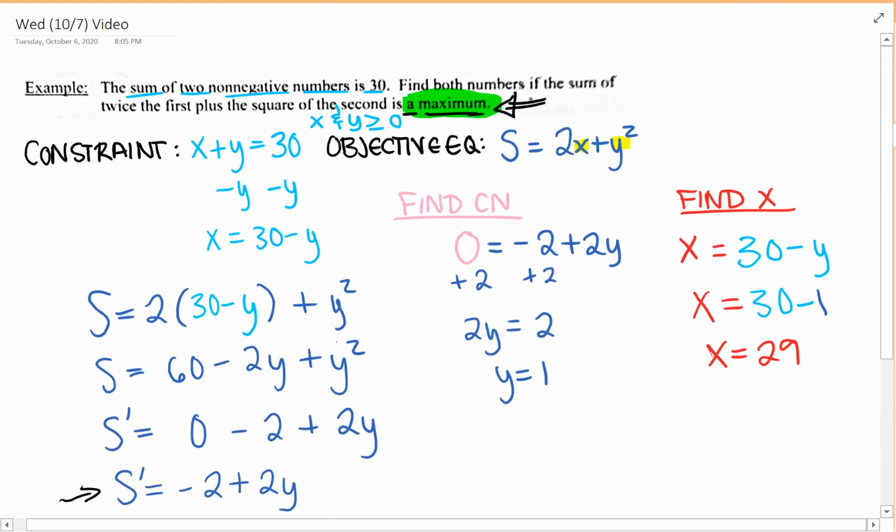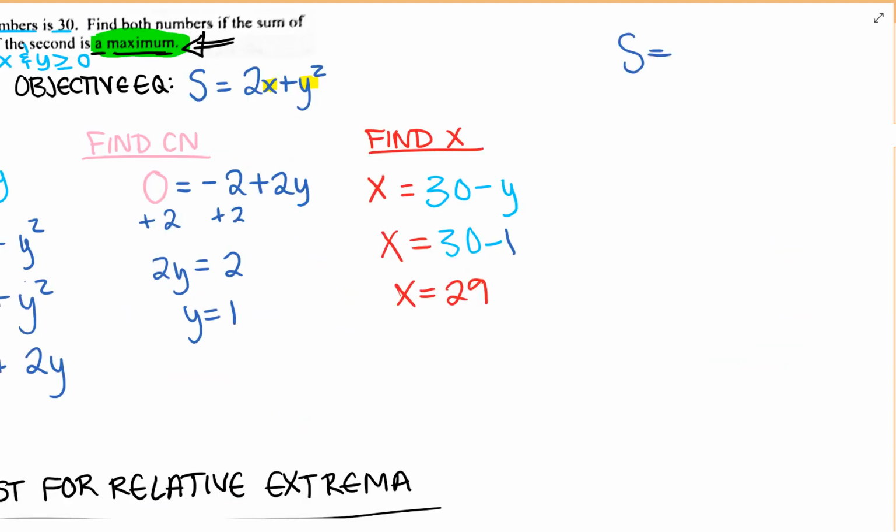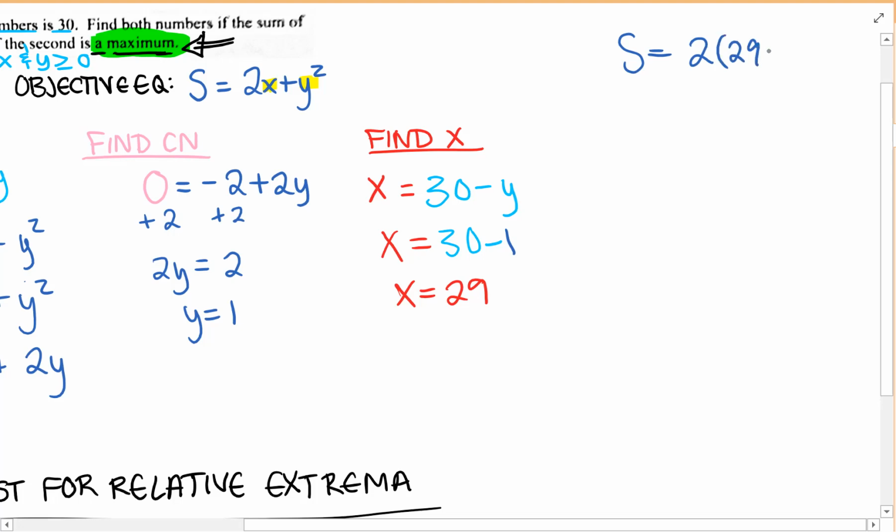We did not find a maximum, or did we? So the second derivative test tells us that the numbers we found give us a minimum. I'm going to test it out. 2 times x, which is 29, plus y squared.